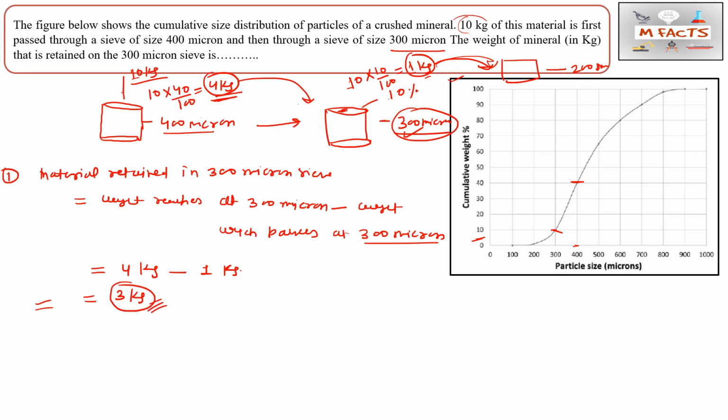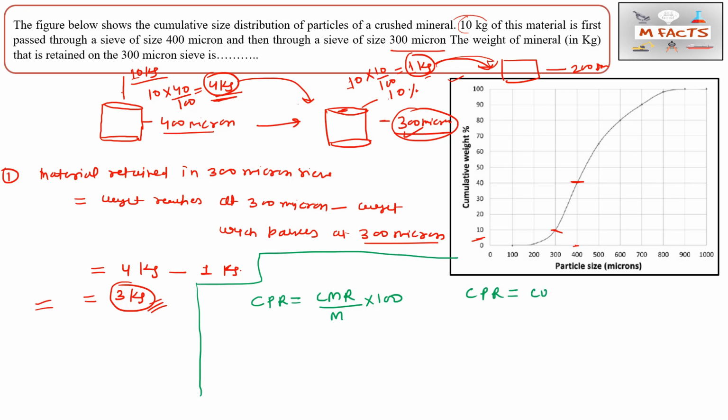Okay, and we can find this answer by using one formula also. So what is that formula? The formula is CPR is equal to CMR by M into 100. What is CPR? It is basically the cumulative percentage retained.